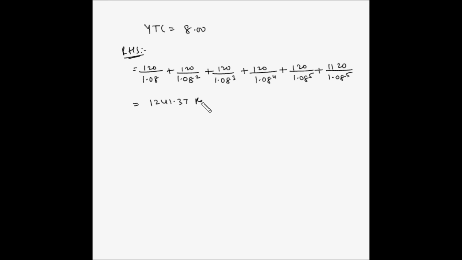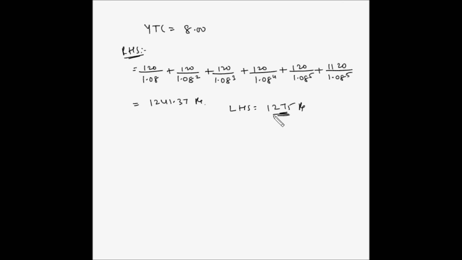So after calculation, this comes out to be 1241.37 rupees, whereas the left hand side is equal to 1275 rupees. So when we put the yield to call as 8%, we get a lesser value than the value of the bond. And when we put 7%, we get more value for the right hand side than the value of the bond.